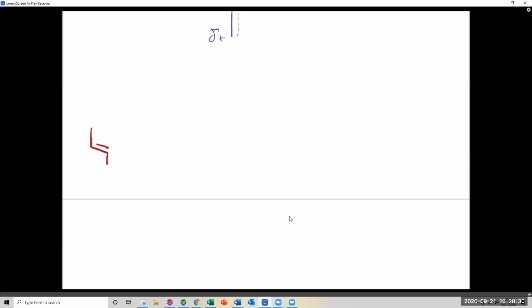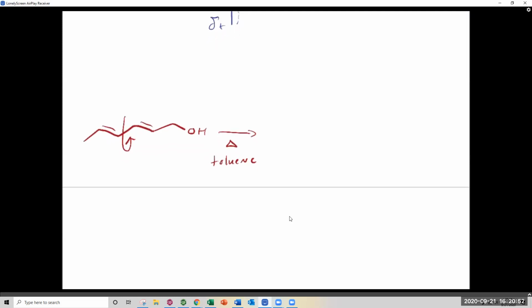We're going to start with my alcohol. We had to heat this reaction. This reaction takes place in the presence of toluene. Toluene is an organic solvent, and it's very nonpolar.